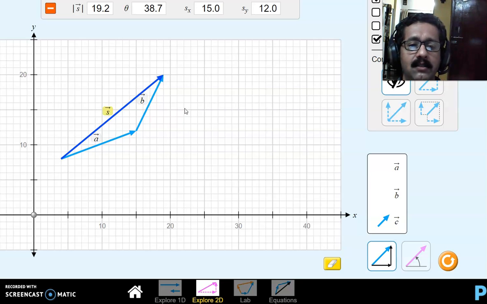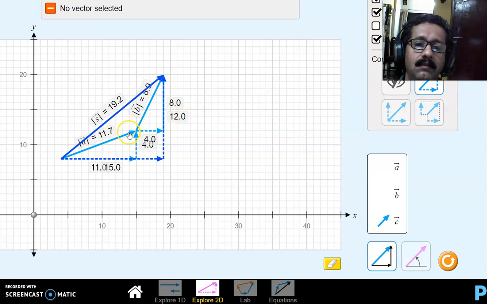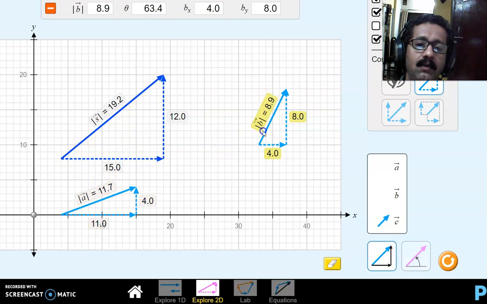Now I'll try to find what vector b plus vector a is. I'll remove this sum vector and take vector b here, and I'll see what the values of this blue vector are.